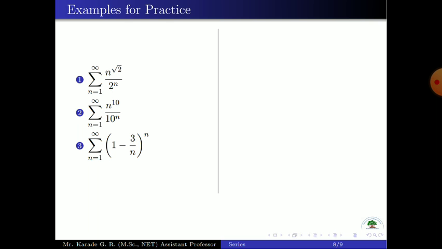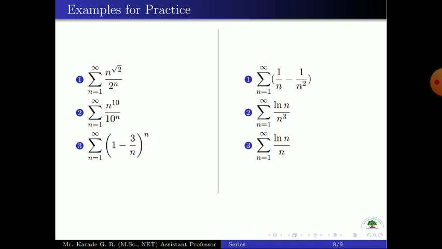Second example is summation n equal to 1 to infinity n raised to 10 divided by 10 raised to n. Third example is the series 1 minus 3 by n raised to n. Next example is the series 1 upon n minus 1 upon n square. And next example is the series ln n upon n cube. And last example is summation ln n upon n, n runs from 1 to infinity.